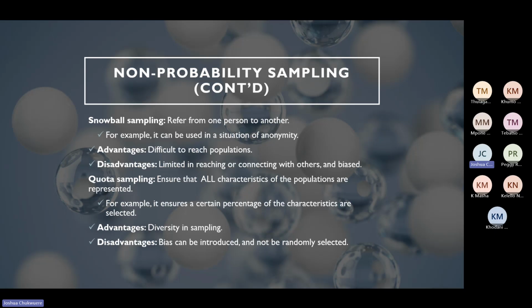I'm looking at the percentage of those who all possess these characteristics, who all meet this criteria, but I'm going to use only 10% of them to get involved in the study, which also promotes diversity, but bias can also be introduced, since you are not able to randomly select them.